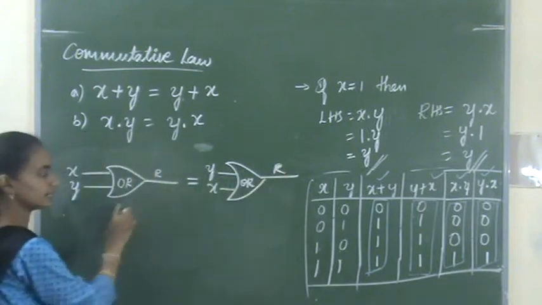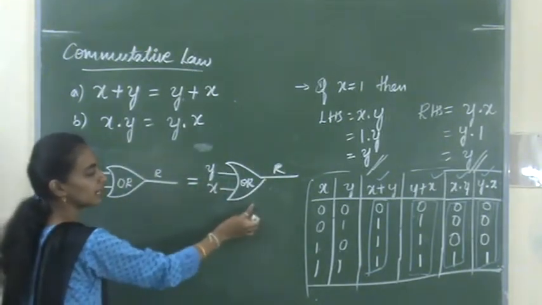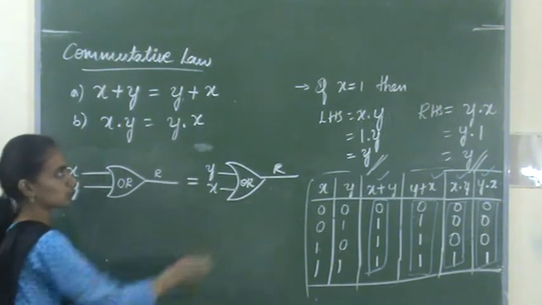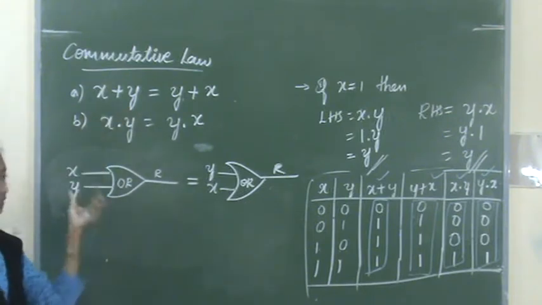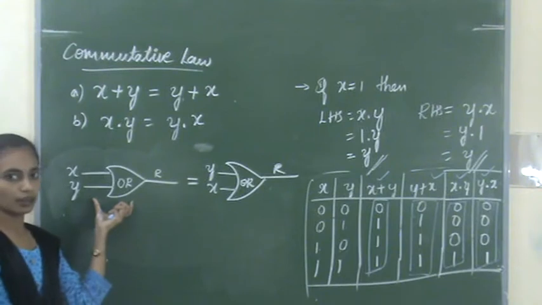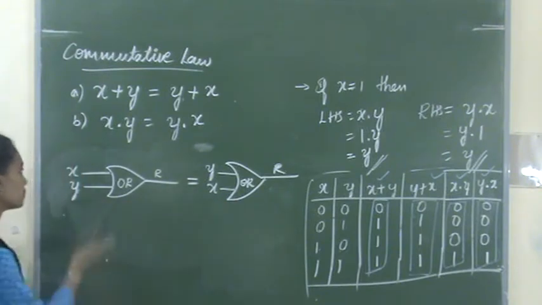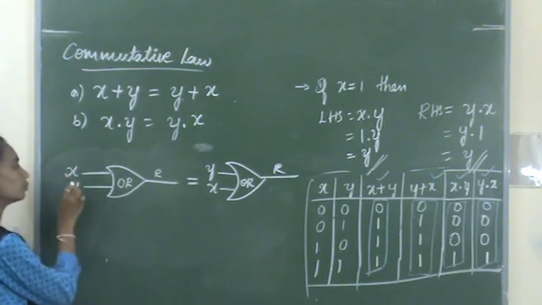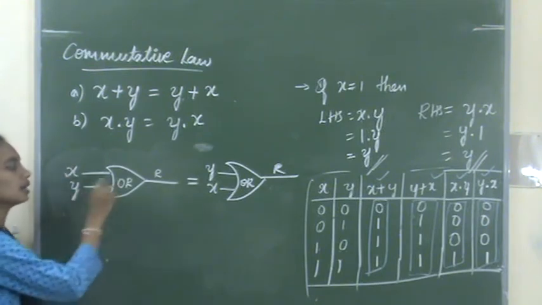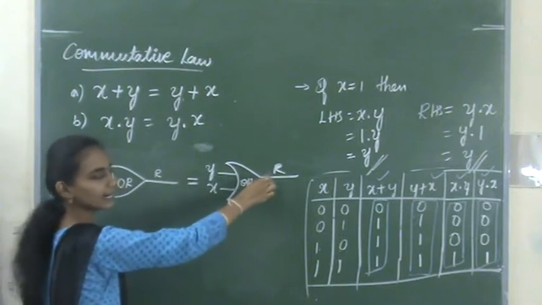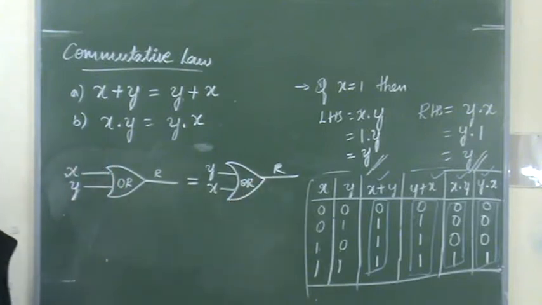So this result will be equal to this result also. Whatever value we get for this OR gate will be the same as this OR gate. We are just providing the input values in reverse order, so we get the same result.